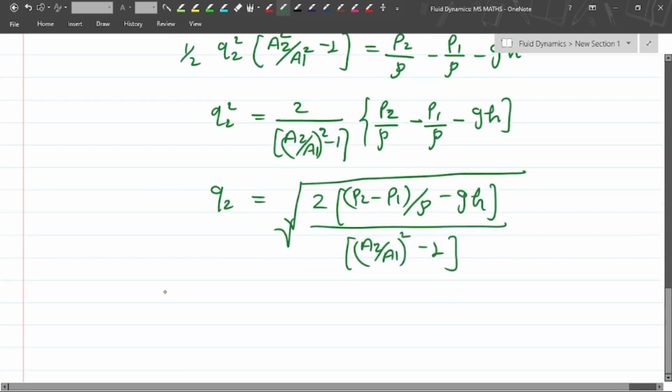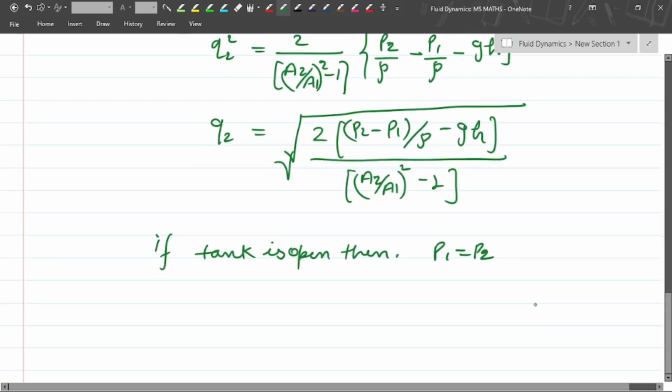Next, the special case: if the tank is open, then p1 is equal to p2. If the tank is open, then q2 is root of 2gh divided by 1 minus (A2 upon A1) whole square.